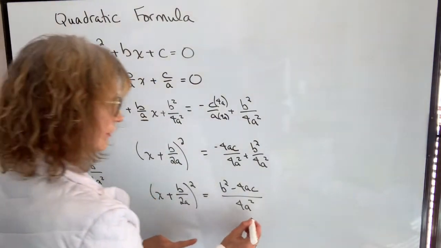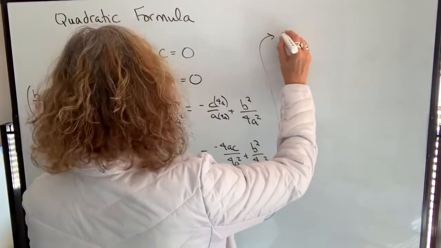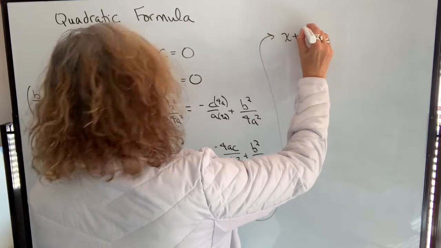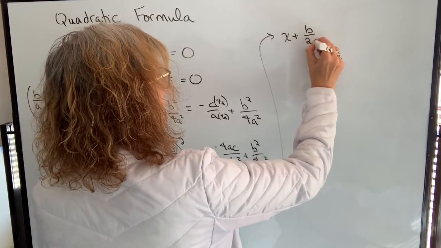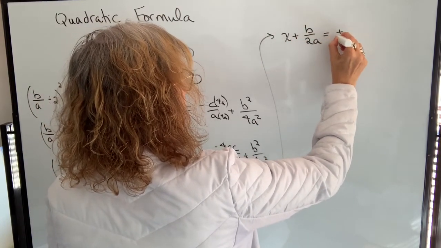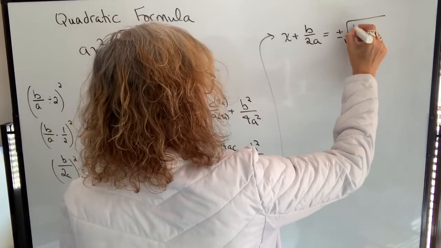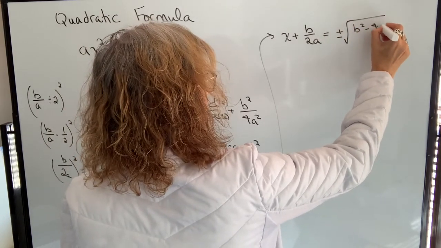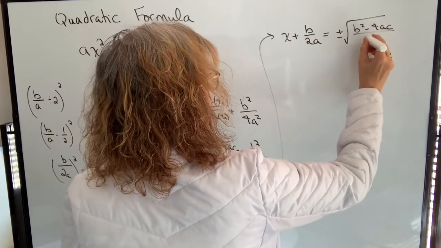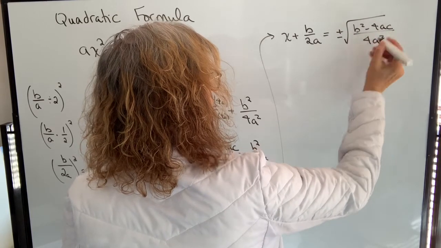Now I'm going to take the square root of both sides. So I'll have x plus b over 2a equal to the positive and negative square root of b squared minus 4ac over 4a squared.